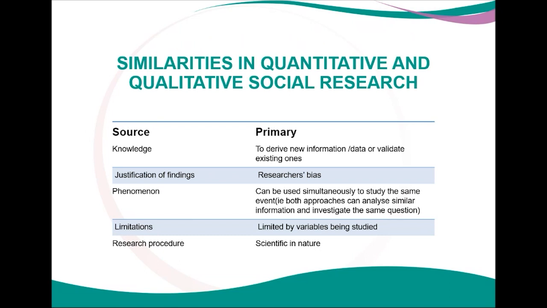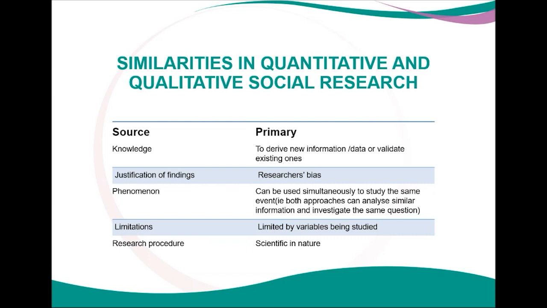So justification of the findings, and both qualitative and quantitative are subjected to research bias, in terms of data collection method or sampling bias, for example. They are both limited by the variables being studied.